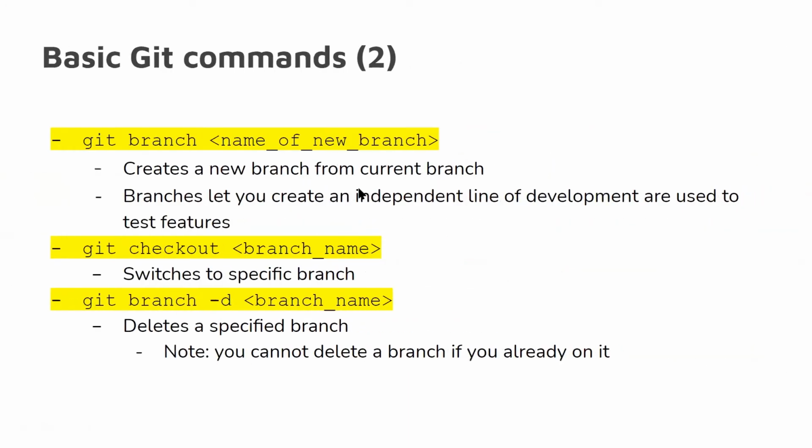So speaking of branches, branches are a feature that makes GitHub and Git very important. The way that branches work is, for example, if you want to create a feature or test out something, instead of changing the main code, you would create a branch from the main code that you can use to create an independent line of development and to test out different features.